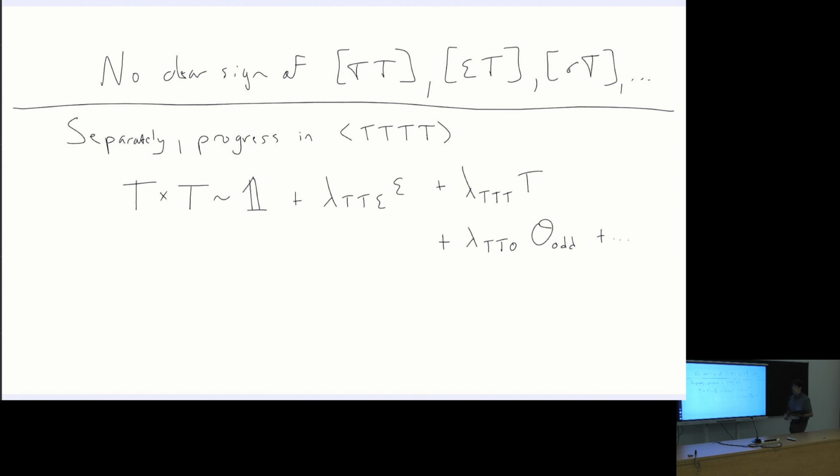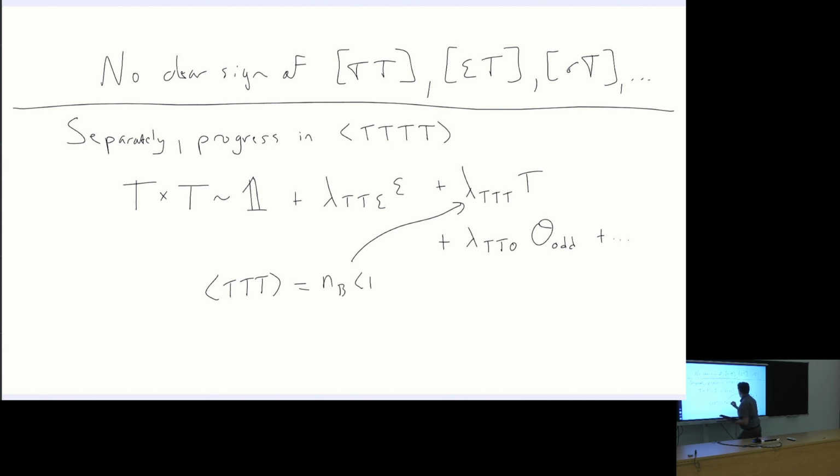Now, one complication when you start dealing with the spin 2 stress tensor is that there are multiple tensor structures in the correlators. For example, if you look at the TTT 3-point function, it has multiple tensor structures.